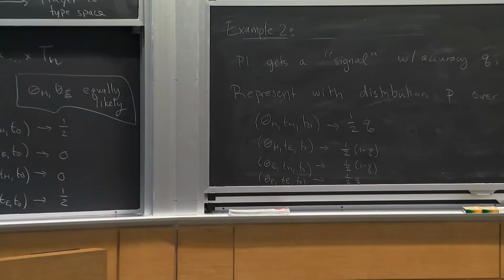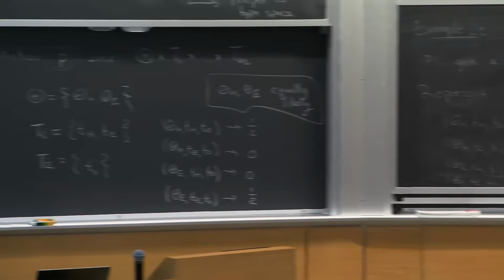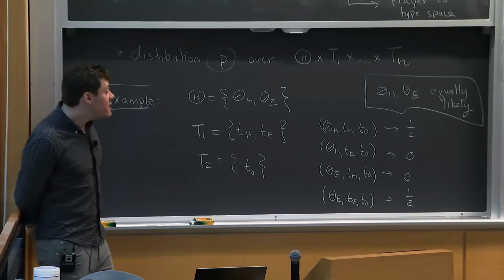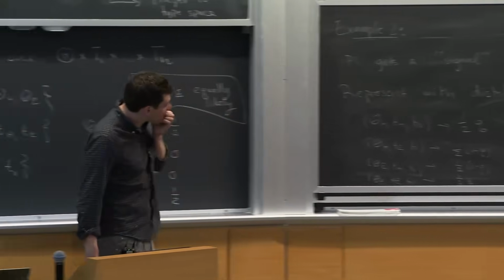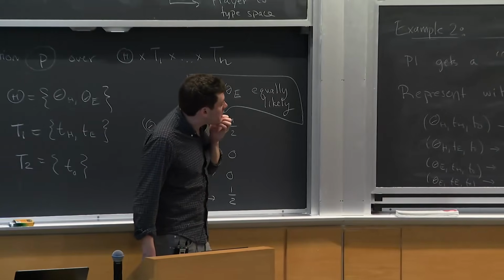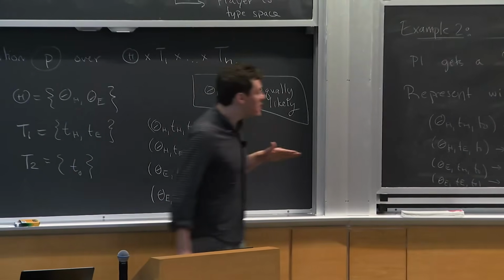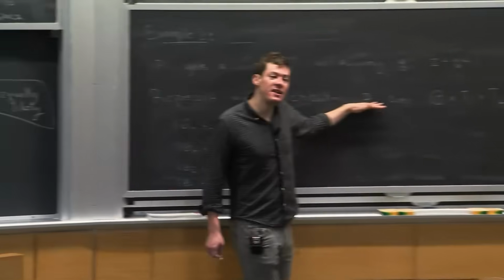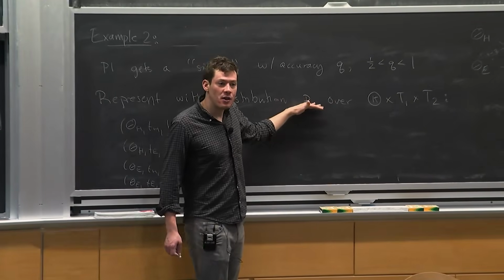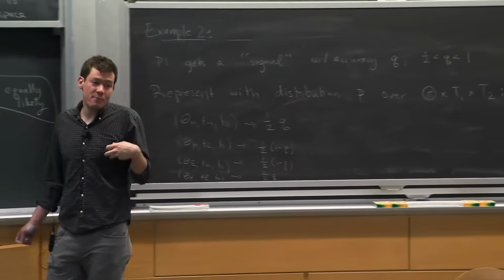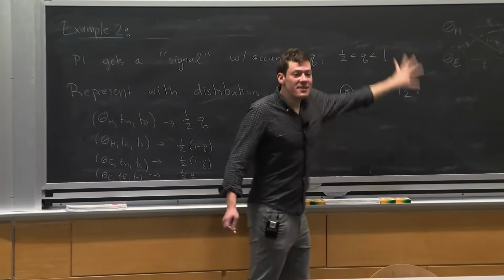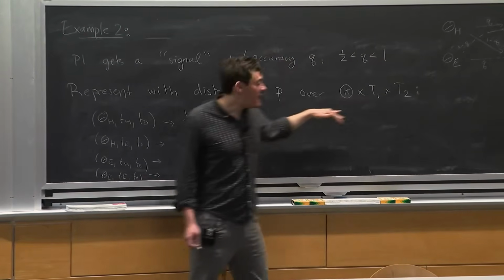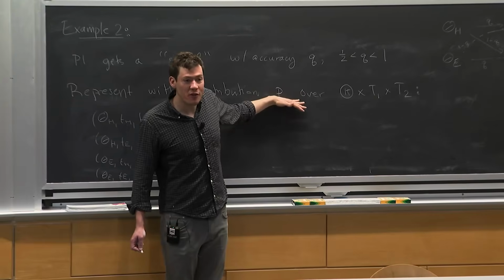Is player 1 aware of their own Q, or does that even matter? No, it really does matter. This is the subtle thing here, and this is where the implicit assumption comes in: the distribution P is common knowledge. Player 1 knows their own type, they know the set of possible types the players have, and they know the distribution over the types.